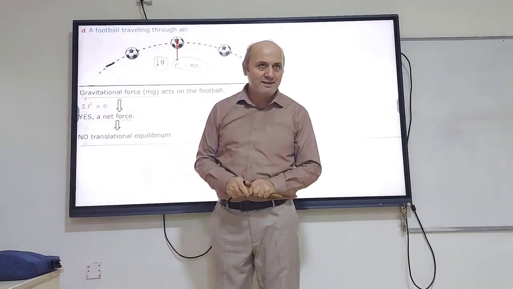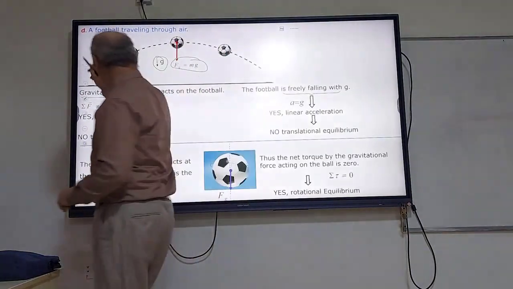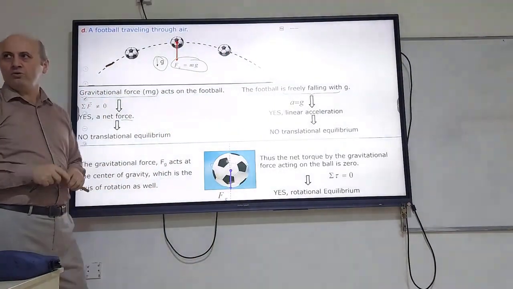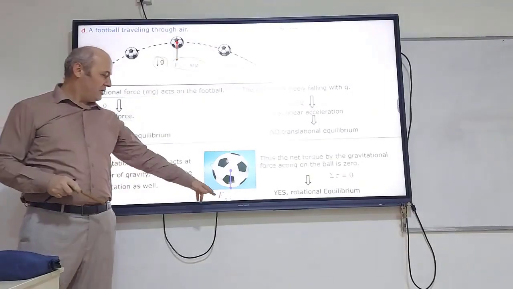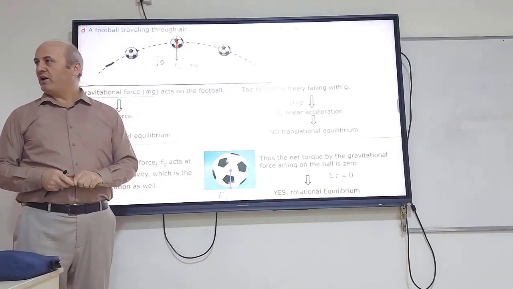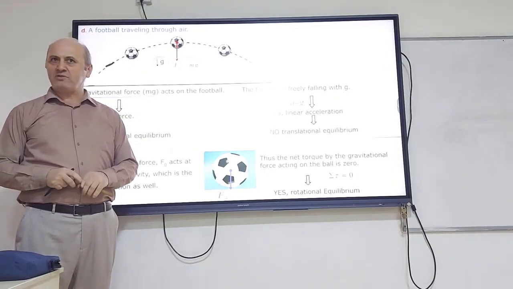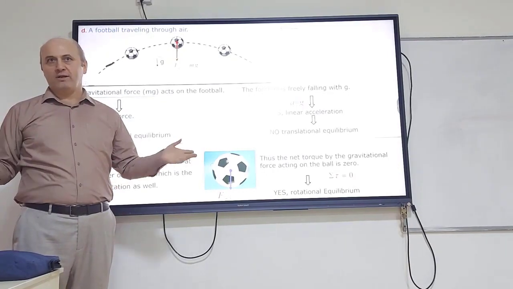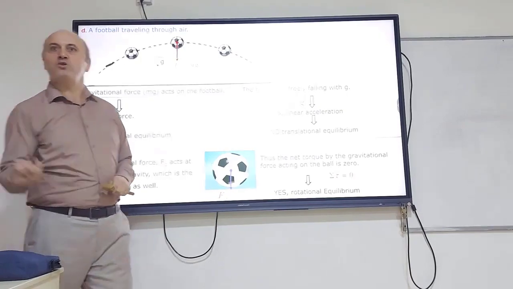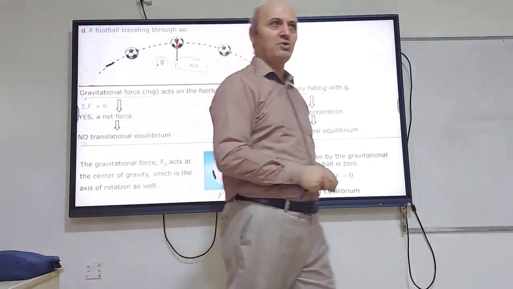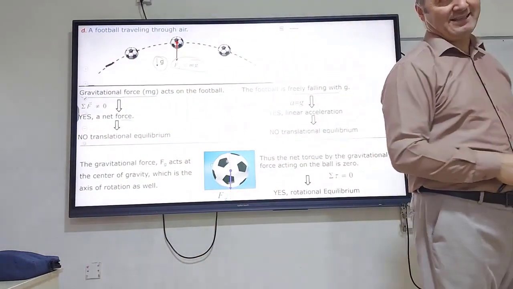What about rotational equilibrium? Check the torque. Gravitational force acts at the center. If a force acts at the center of rotation, what's the torque? Zero. Net torque is zero, so rotational equilibrium is a yes.